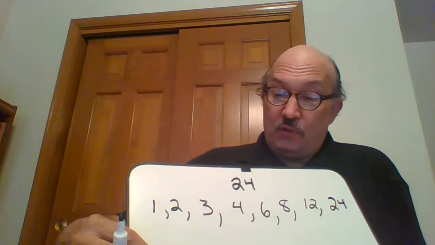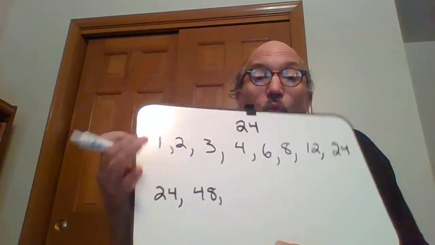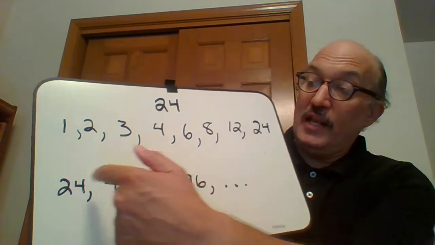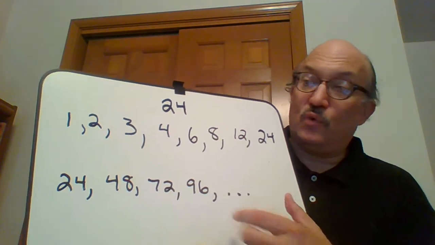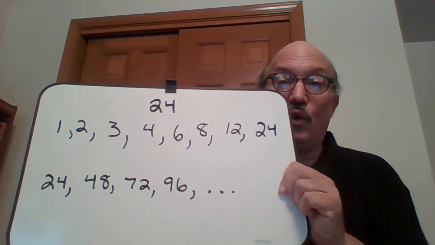This is 1 times 24, 2 times 24, and 3 times 24 is 72. And then 4 times 24 is 96. And I'll stop there, but you can clearly see that that list can go on forever. So there are an infinite number of multiples of 24 and a finite number of factors of 24.